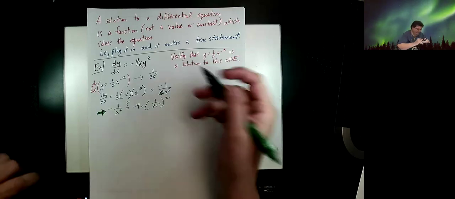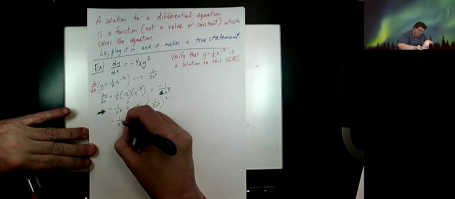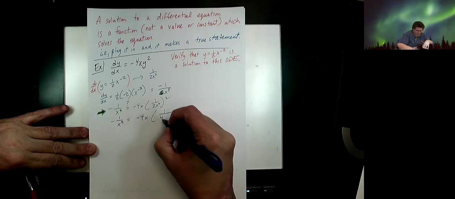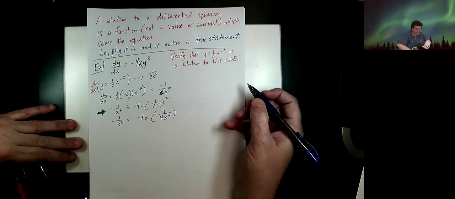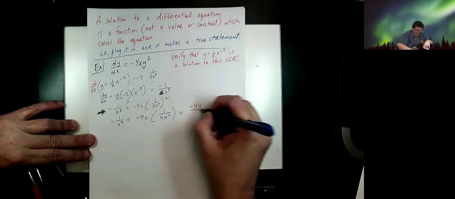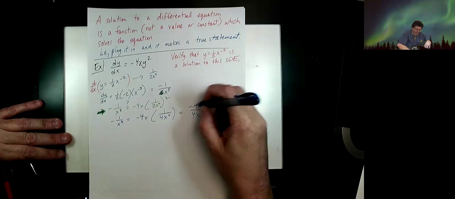All right, so if we went through this and did it, what do you get? And if I put that over that, looks like the fours will cancel.